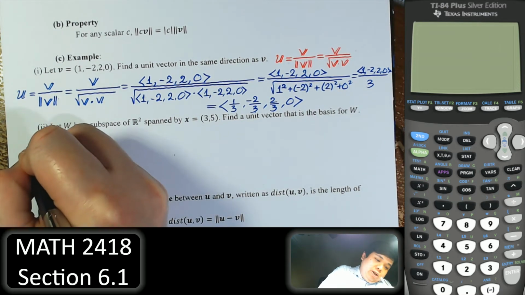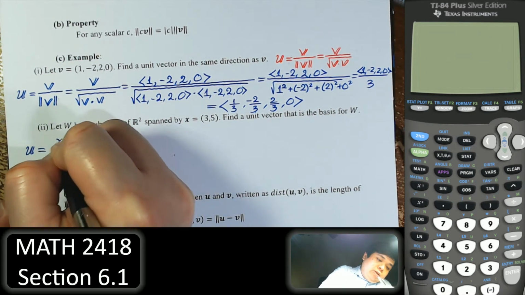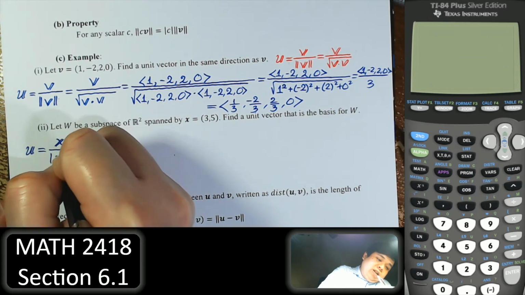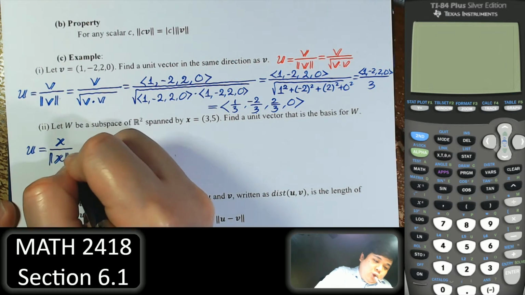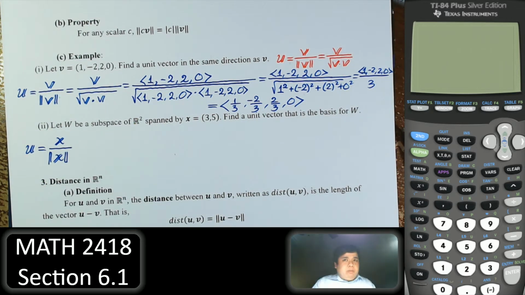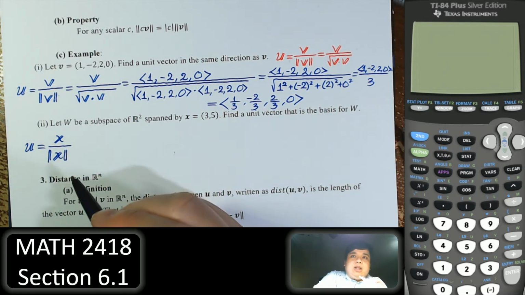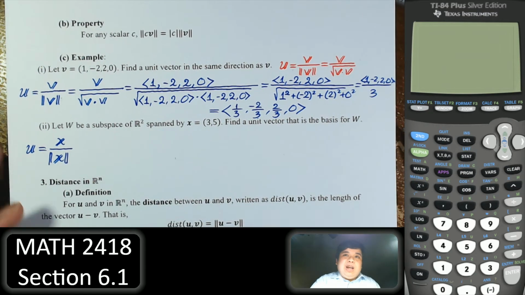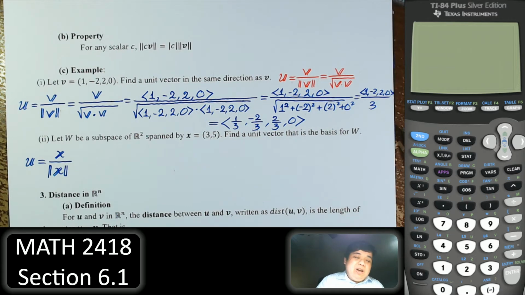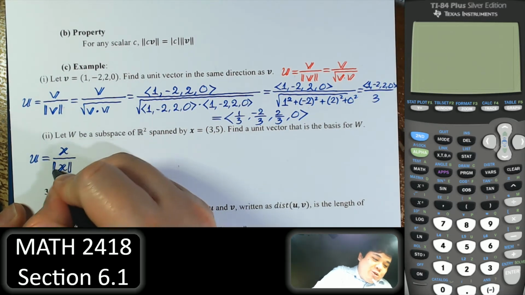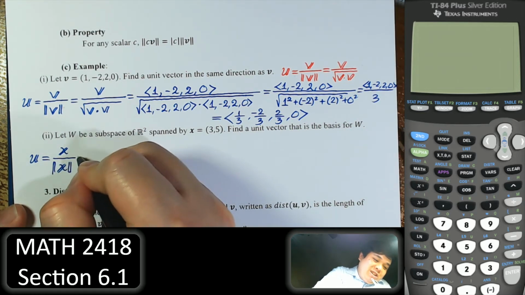So we have u equal to vector x divided by the length of vector x, denoted by 2 bars. Some books just use 1 bar, but we use that for different things. We use that for absolute values. Sometimes we use that for determinant, and it would be confusing if we use that for the length. So try something else, just 2 bars.